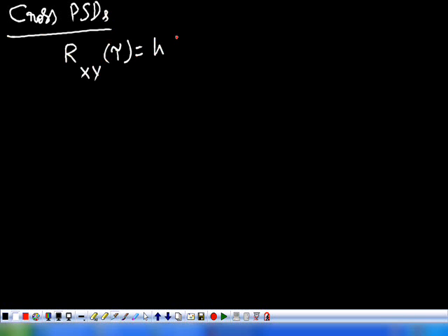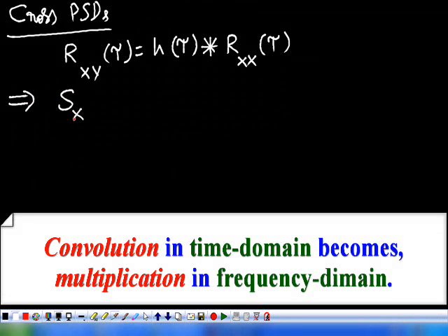Now we try to see the cross spectral densities. So we already know that Rxy of tau is equivalent to h of tau convolution with Rxx of tau. Is it right? This implies the cross spectral density Sxy of omega is equivalent to H of omega multiplied with Sxx of omega.